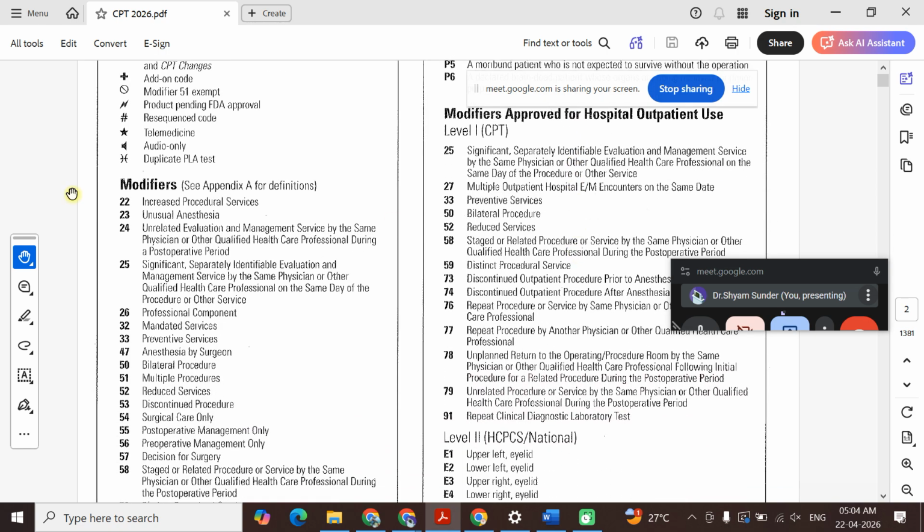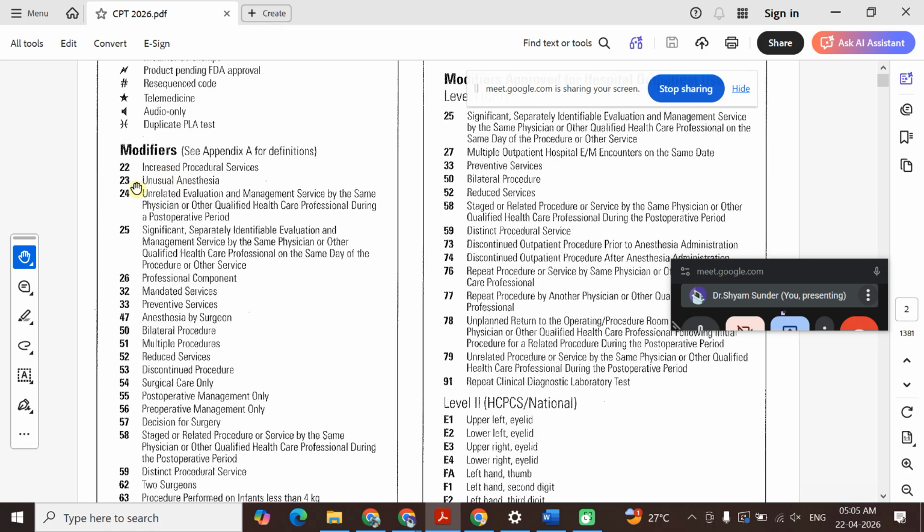In brief, we have the modifiers on the very first page, the backside of the cover page. There's a list of modifiers: 22, 23, 24. So what is a modifier? A modifier is a two-character code, or two-digit code. The characters can be alphabets or numeric, sometimes alpha plus numeric.